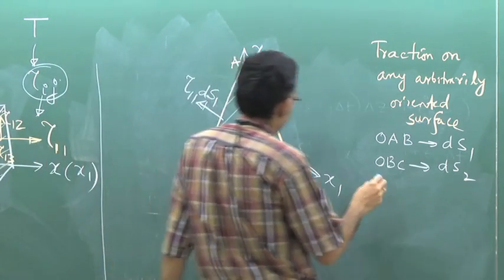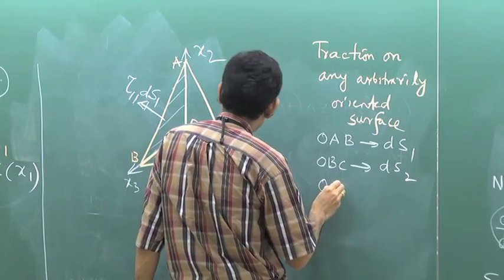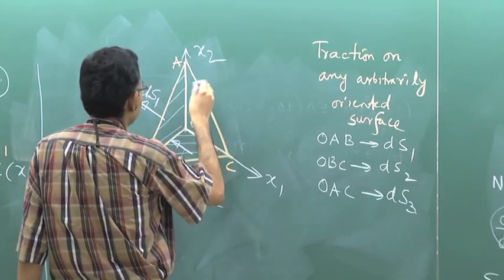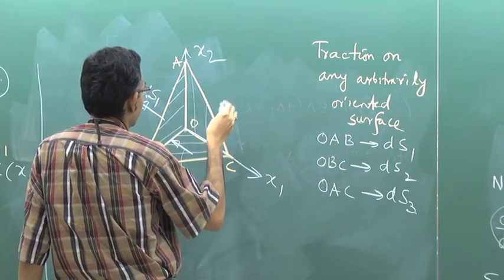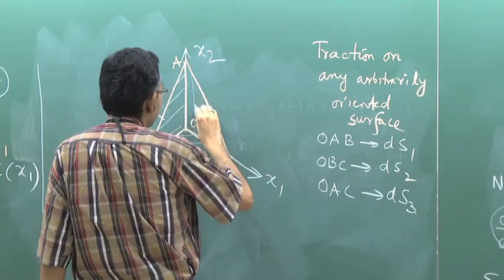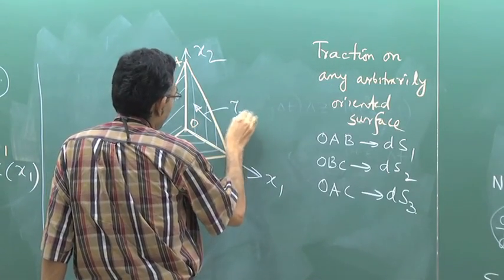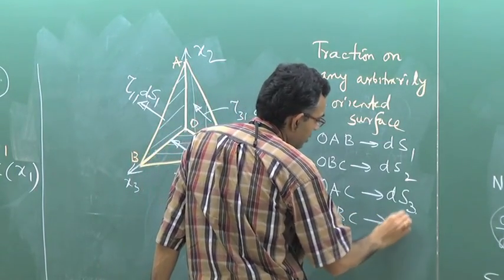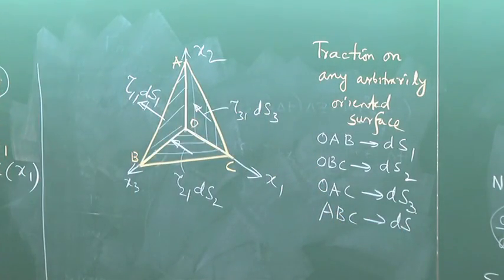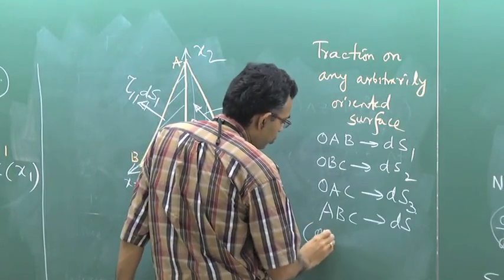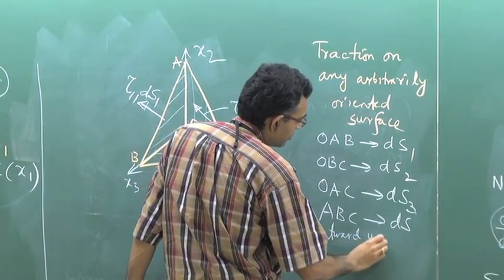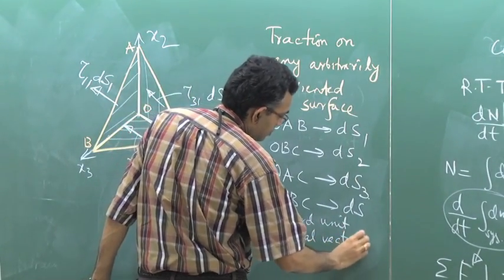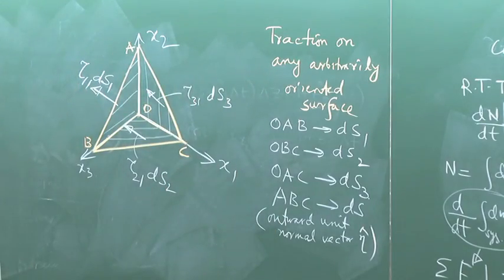The third, OAC, let us say this area is ds3. Similarly for this also the force is tau 31 ds3, and let us say the area of ABC is ds, and ABC has outward unit normal vector eta.